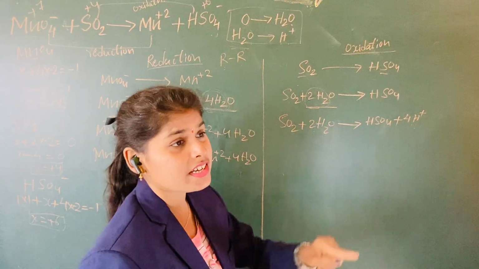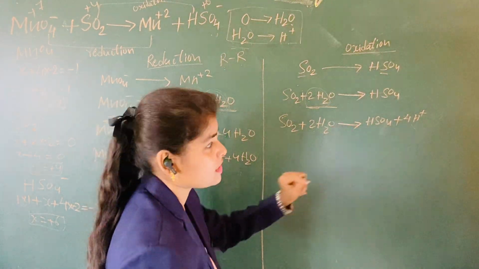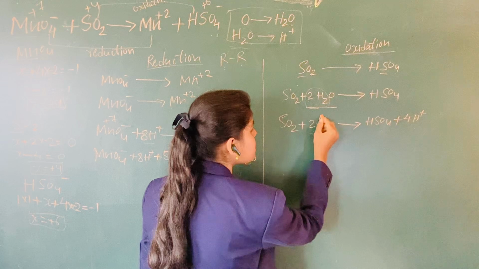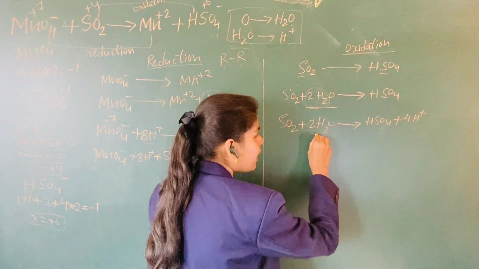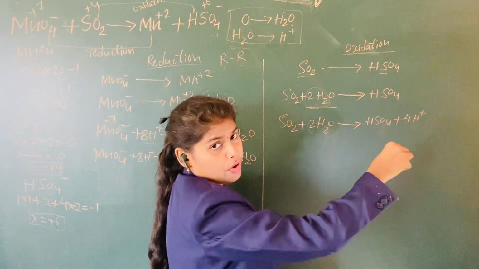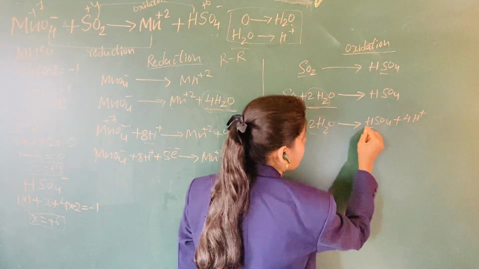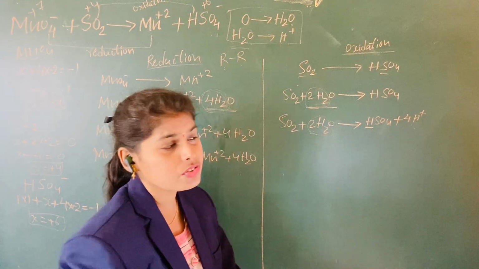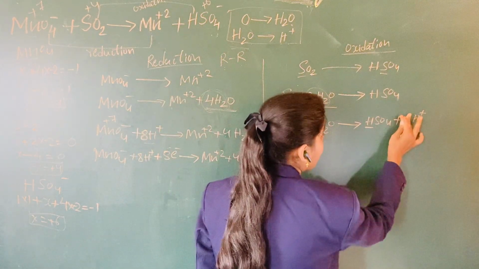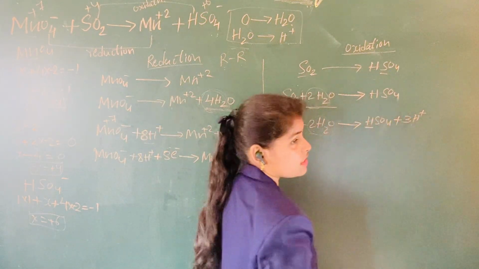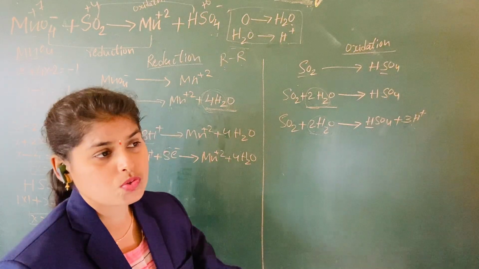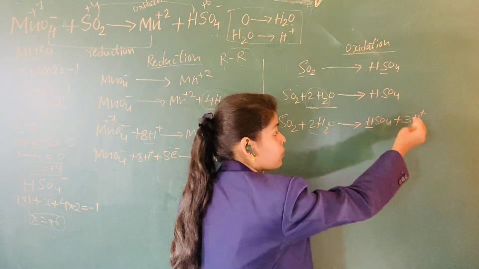But here, very important students, you have to concentrate. Here we have 4 hydrogens, so I have to add 4 hydrogens in the product side. But look, in HSO4 I already have 1 hydrogen. So what should I do? I need not add 4, I have to add only 3 hydrogens. That is very important. Students get confused and add 4 hydrogens.